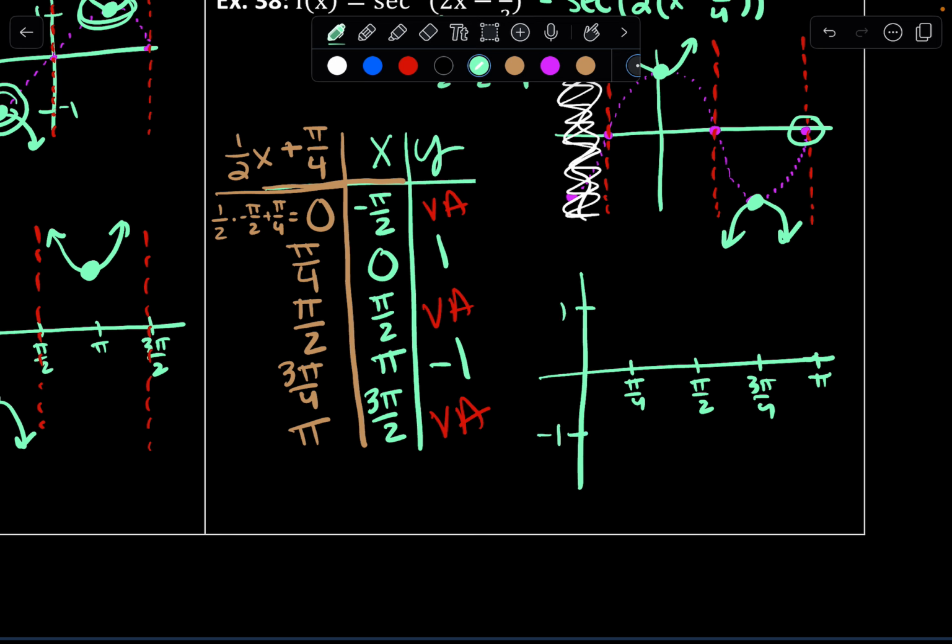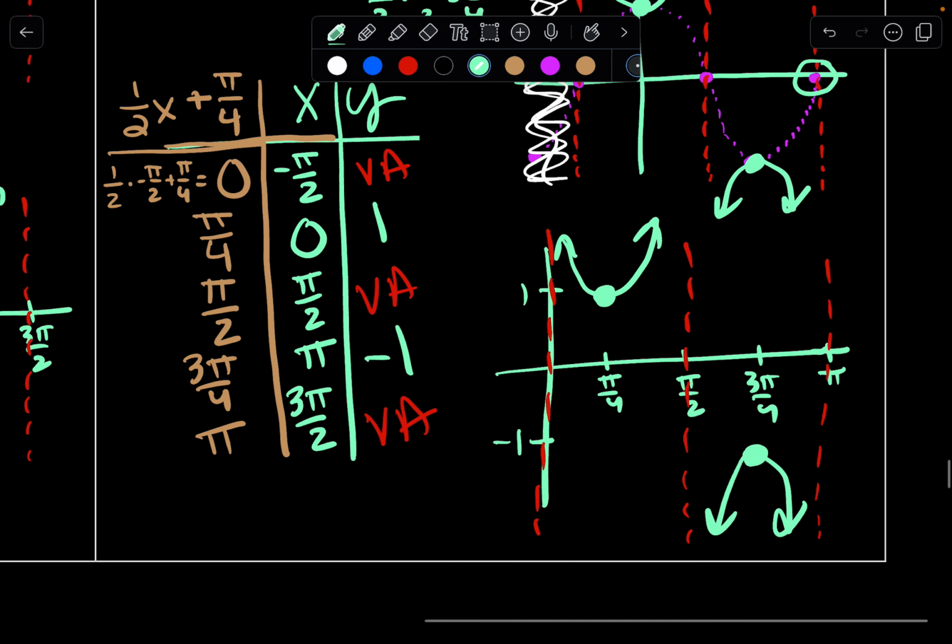So 1, -1. Vertical asymptote at 0. Vertical asymptote at pi over 2. Vertical asymptote at pi. And then at pi over 4, we have a relative minimum. And then at 3 pi over 4, we have a relative maximum. And they are going away from the x-axis.